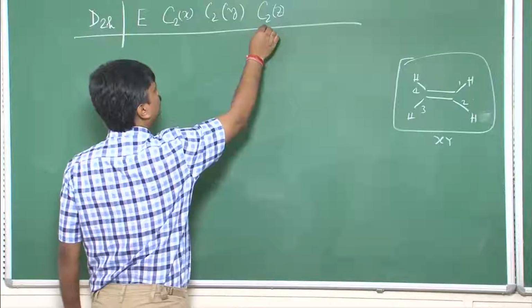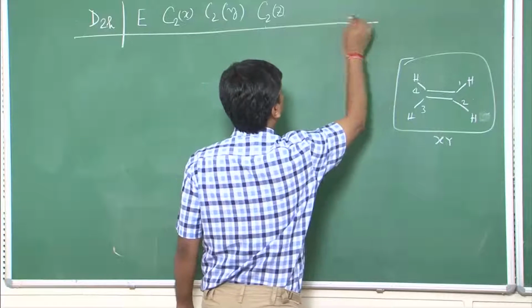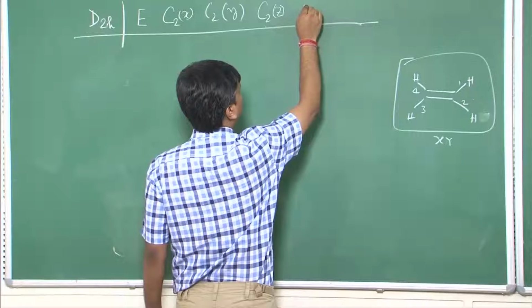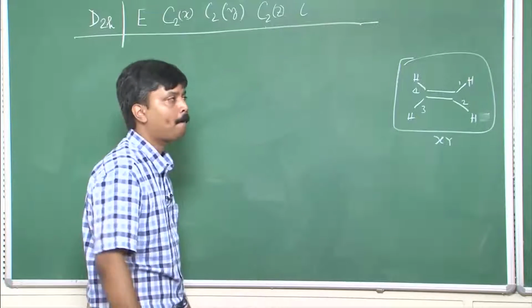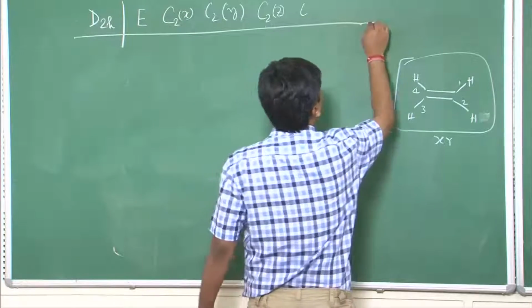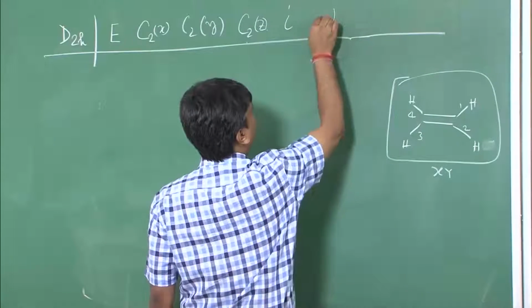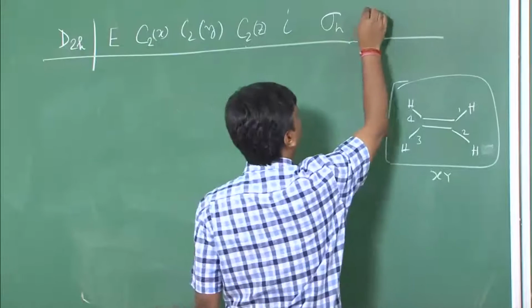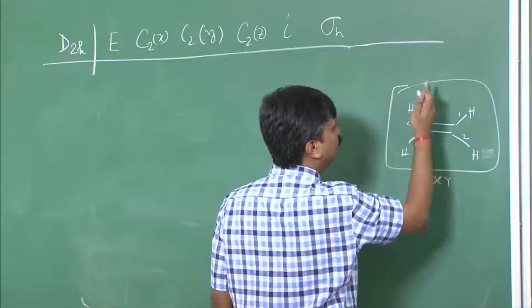So this is my C2z, and then C2y and C2x are perpendicular to that, and then you have i, right, and you have sigma h, and you have these sigma d's, right.